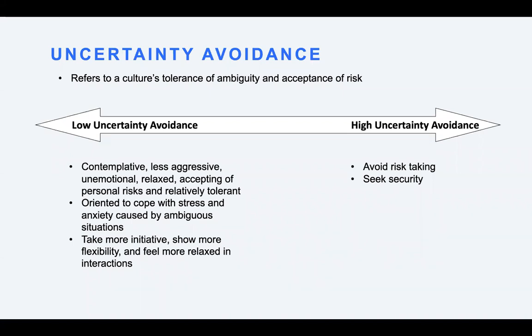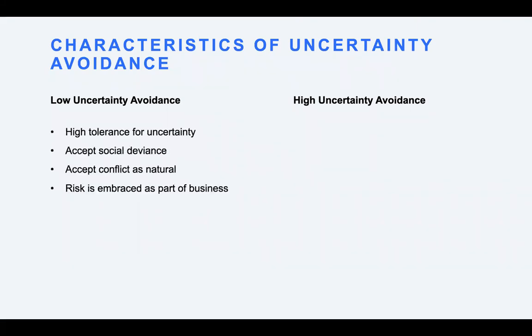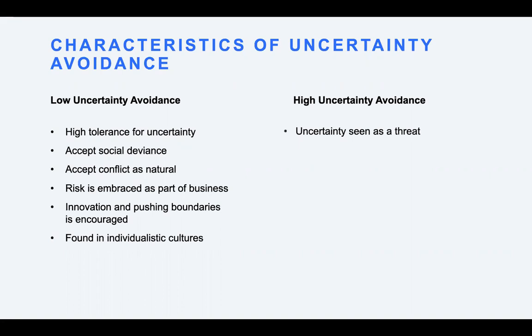In low uncertainty avoidance cultures, which are commonly individualist, members are more comfortable dealing with diversity, ambiguity, and risk. And here are some characteristics of uncertainty avoidance cultures.